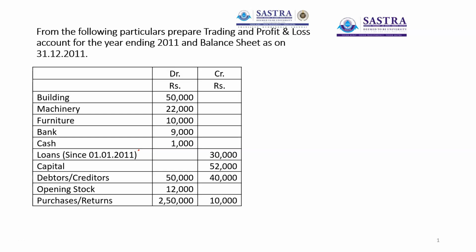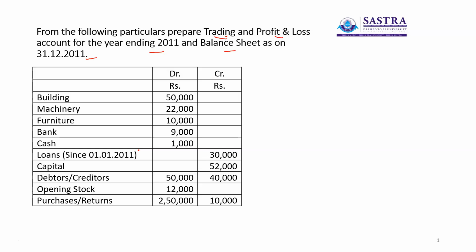In this session, we will take up a comprehensive question where we will deal with how to prepare trading and profit and loss account with a few new adjustments. As we have done a couple of problems earlier, the basic methods remain the same.